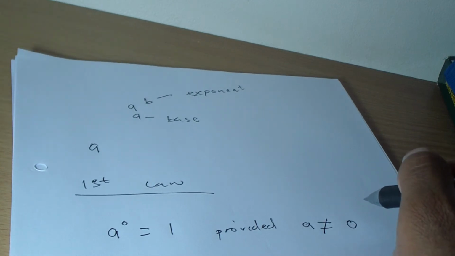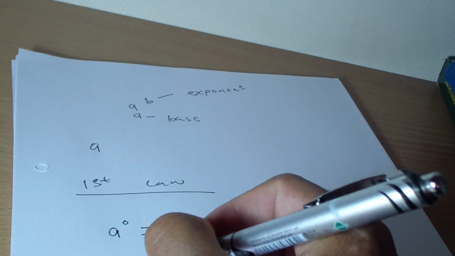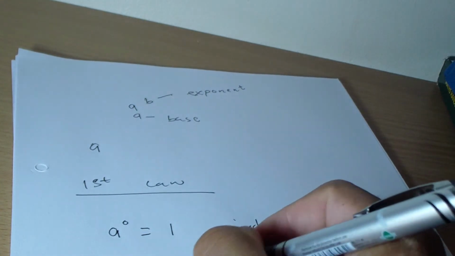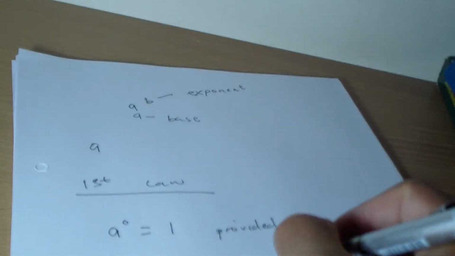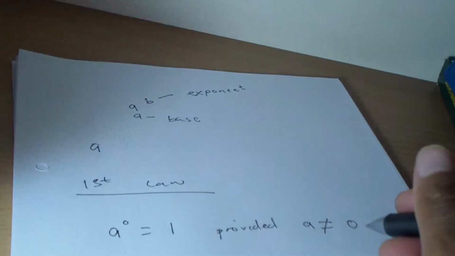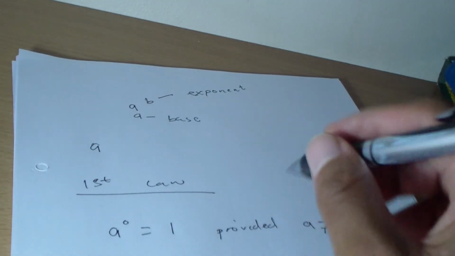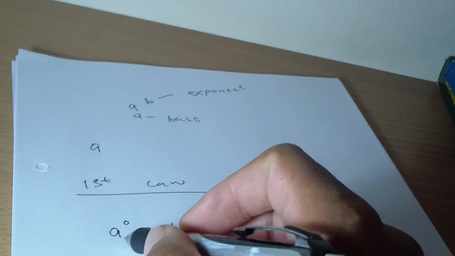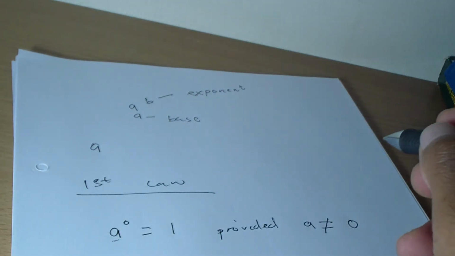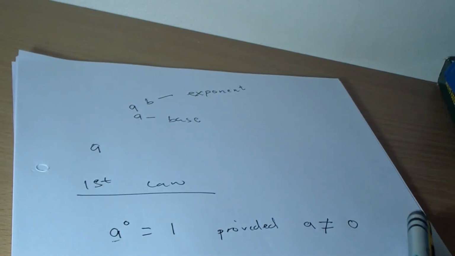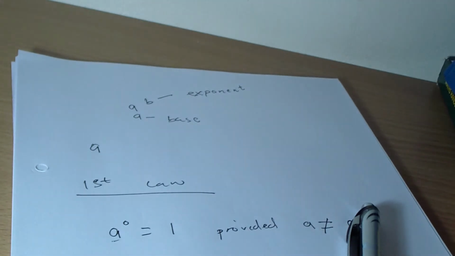So a cannot be 0, because whenever a becomes 0, 0 to the power 0 becomes undefined. So it's an undefined number. So every time you're dealing with exponents, note that a, if it is your base, is not equal to 0, because that particular problem becomes undefined. Okay, so that is our very first law.